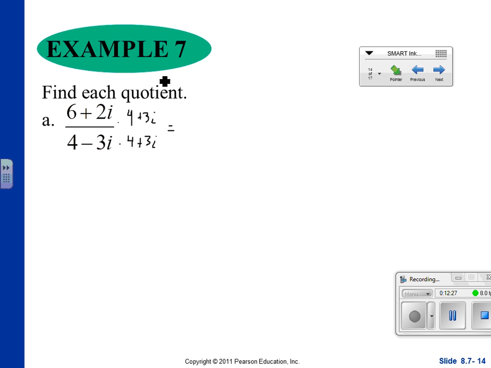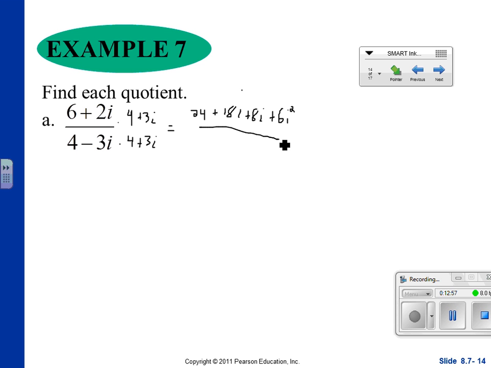All right, on the top, if we use FOIL, we get 24. Outer, we get 3 times 6, we get 18i. Inner, 2i times 4, we get plus 8i. And then last, 2i times 3i gives us plus 6i squared.